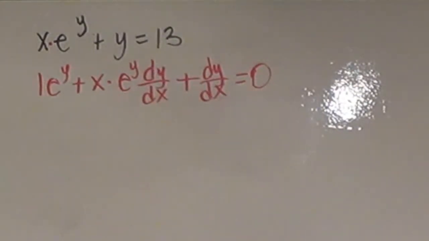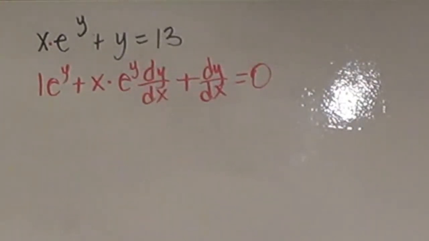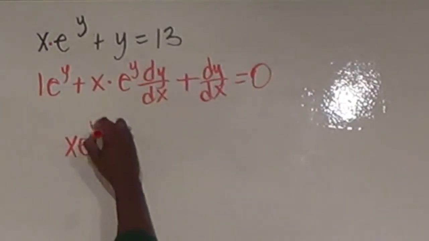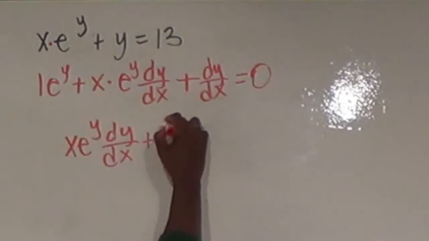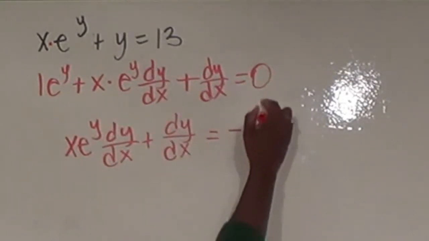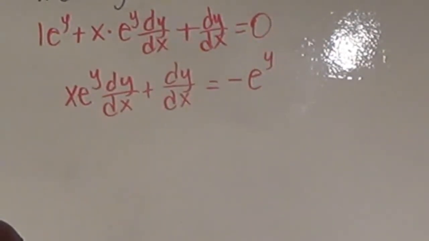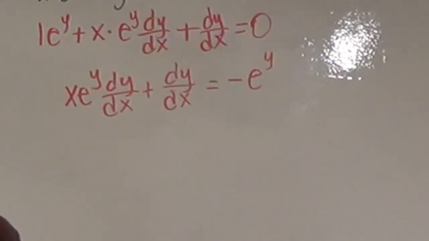Okay. Again, we want to isolate dy dx, so we're going to get those like terms together, everything else to the other side. From here, now we can factor out the dy dx.